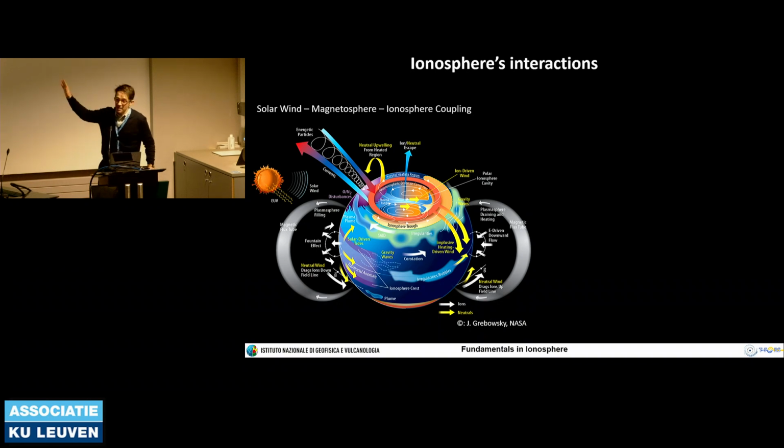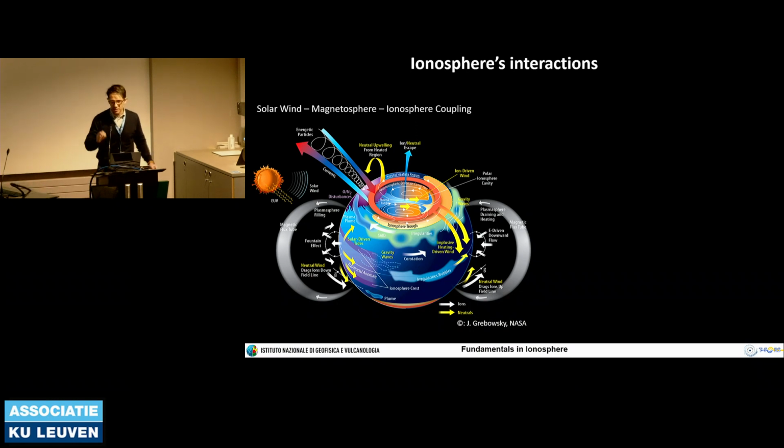And this is one of the most famous figures you may see in this field, illustrating all the processes. Of course, every one of these arrows would deserve a series of lessons. This is just to give a brief idea, at a glance, of the complexity of the situation.